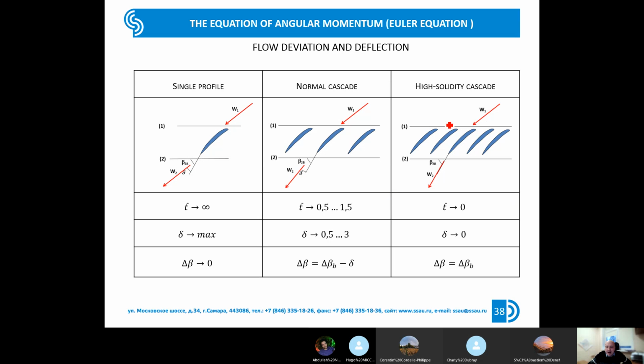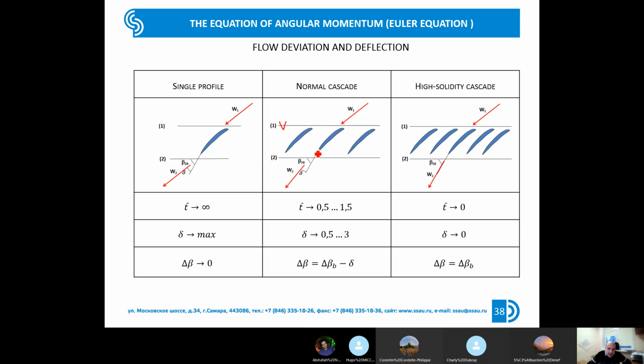But if you realize such a high solidity blade row, you receive big friction losses because you have a big friction area. That's why usually we use a blade row like here.